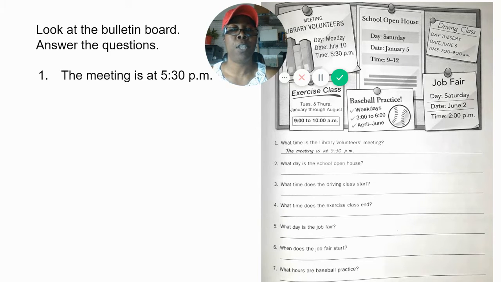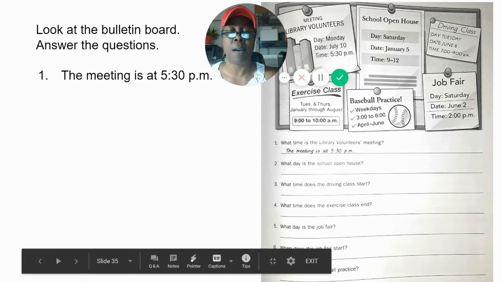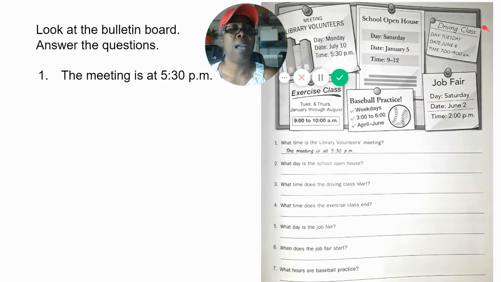All right, so we've looked at the bulletin board. And by the way, a bulletin board, as you can see, is this board right here.